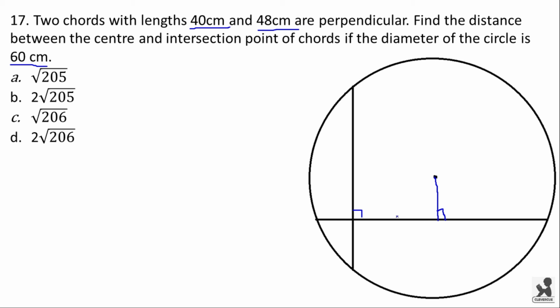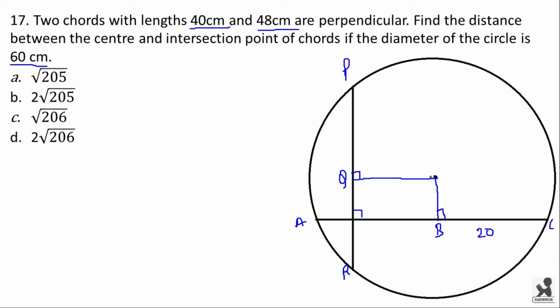So if this is named as A, B, C, AB will be equal to BC. Similarly, if you draw a line perpendicular to this chord, and if we name this PQR, you have PQ equal to QR. If the length of AC is 40, then the length of BC will be 20.